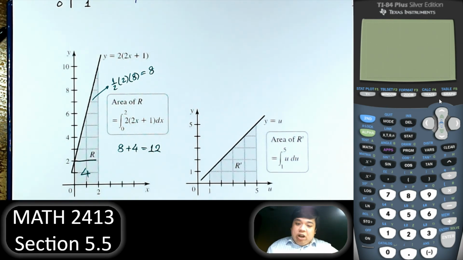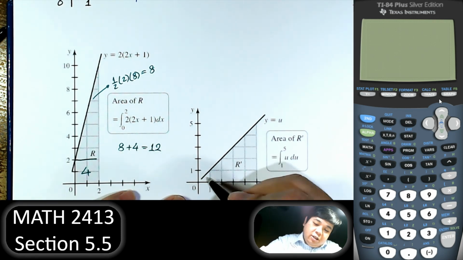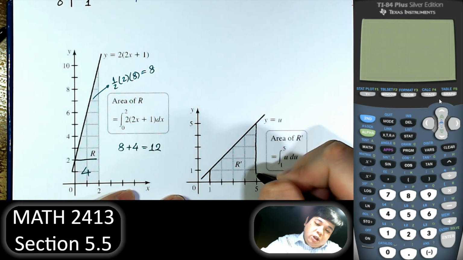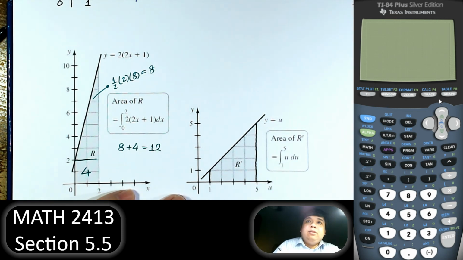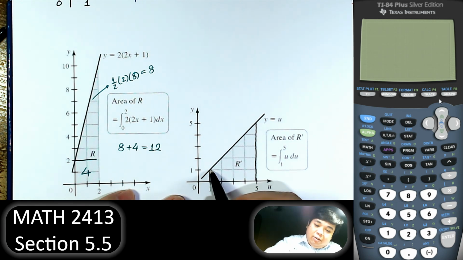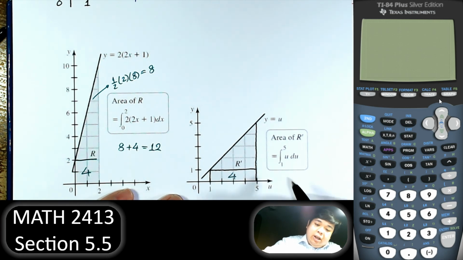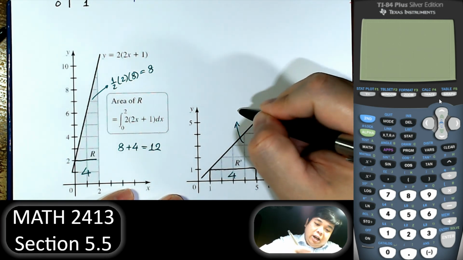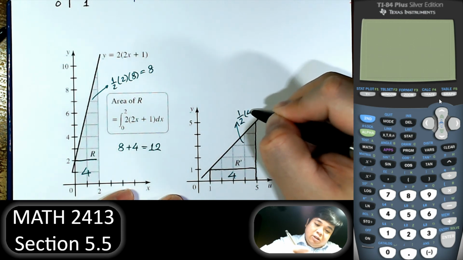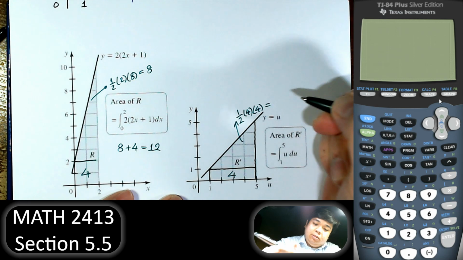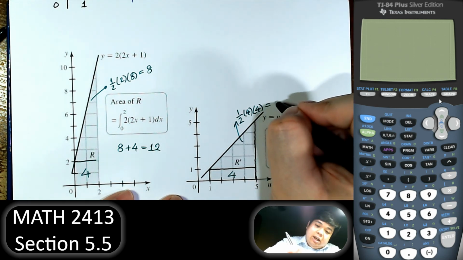Now if we do the change of variable, the area should still be the same. Now a different function, but from 1 to 5. Now this is a rectangle, 1 by 4, so this is 4, and the top here is again a triangle, 1/2 base is 4, the height is also 4, so that is 8.